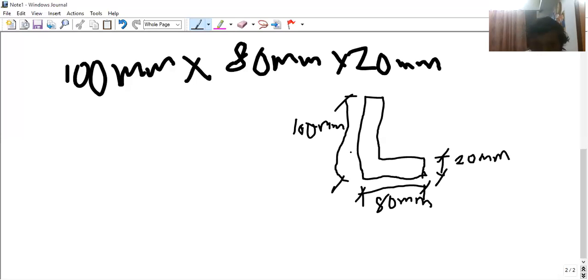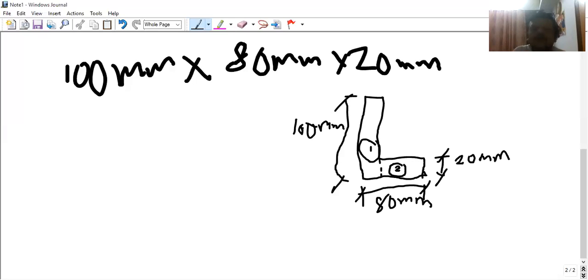Now, if I want, I can split this rectangle like this or like this. It doesn't matter, so let me split it like this. So I'll have this as one section and this as another section. Before we get into it, we have to observe, as I told you before we solve any problem on centroid, whether it is symmetrical on the x-axis or on the y-axis.